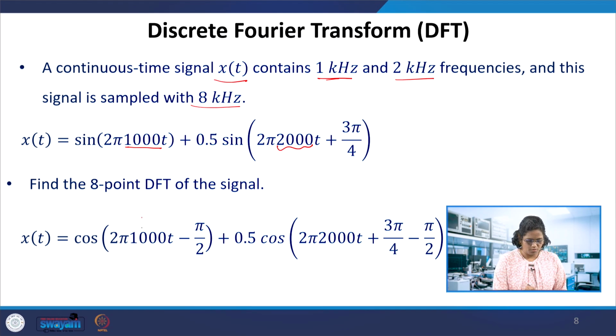So that's what we did: cos of 2 pi 1000 t minus pi by 2. Similarly, the component 0.5 cos 2 pi 2000 t plus 3 pi by 4 with phase shift minus pi by 2, which is just for understanding. It need not be done in the process. We will correlate the results with respect to this particular form of the expression.